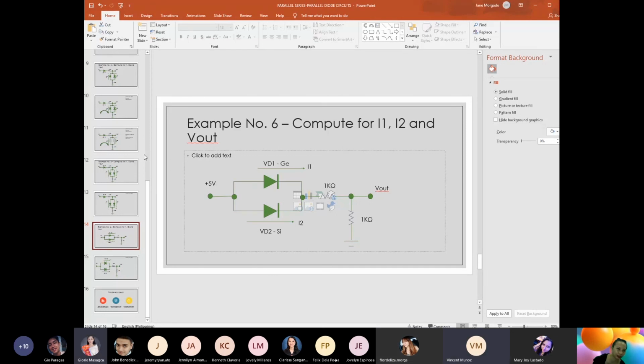Ako po ma'am, si Vince po. Bakit? Ma'am, mas mababa po kasi yung voltage ni GE, kaya mas dun po unang papasok yung current. Aha. Iba, nagsabing parehong on. Wala namang right or wrong dito.